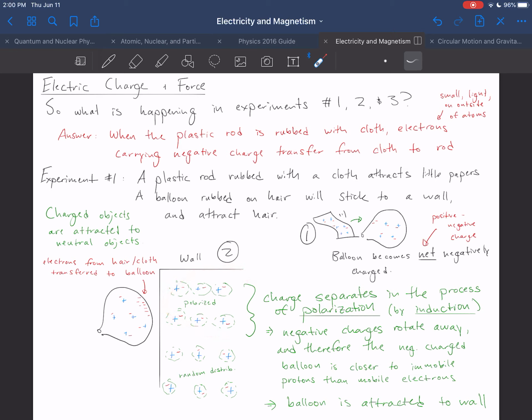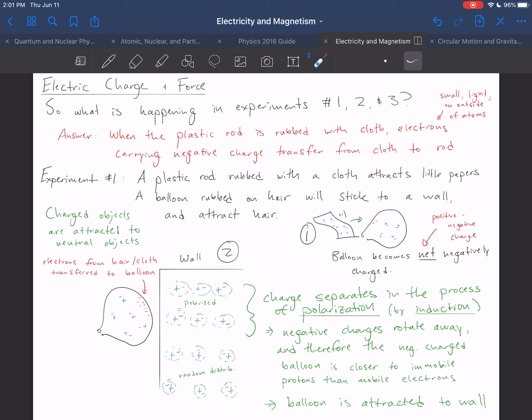I'm going to say that again. There is a stronger attraction between the net negatively charged balloon, the extra electrons on the balloon, and the positive charges on the wall, which could not move. They're still where they are. Than there is between the net negatively charged balloon and the negative charges in the wall, those electrons which have all scooted over because of the repulsion between the extra electrons in the balloon and the negative charges in the wall.